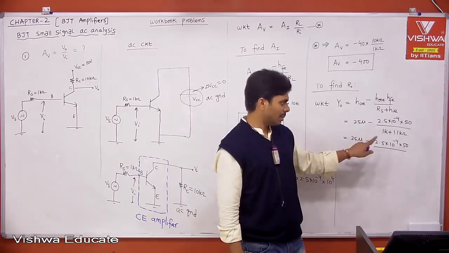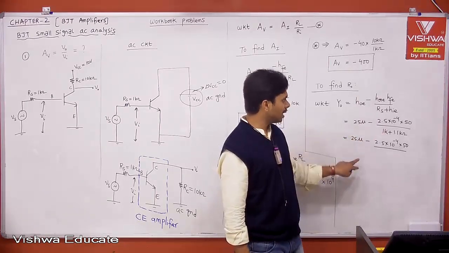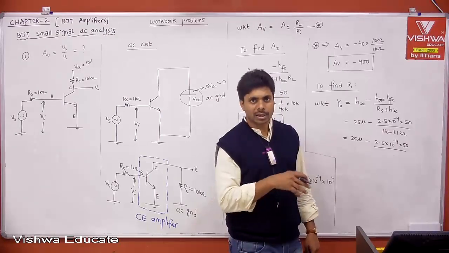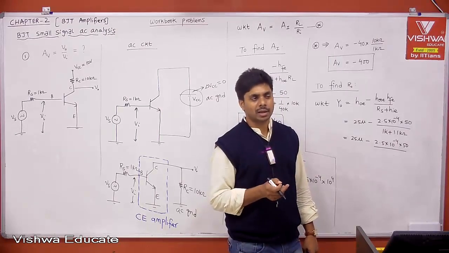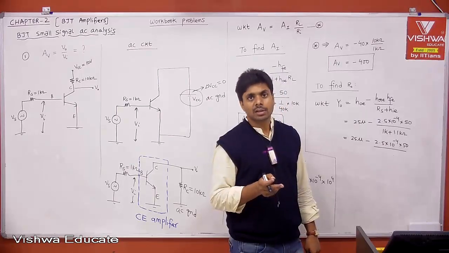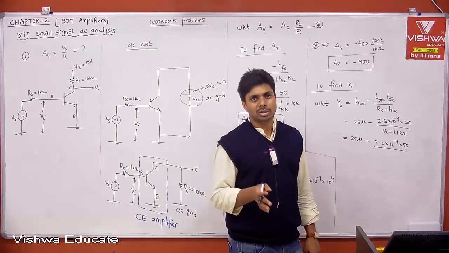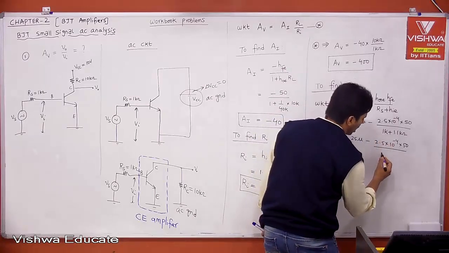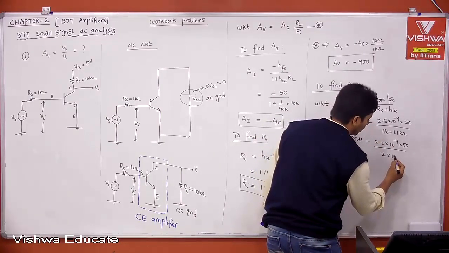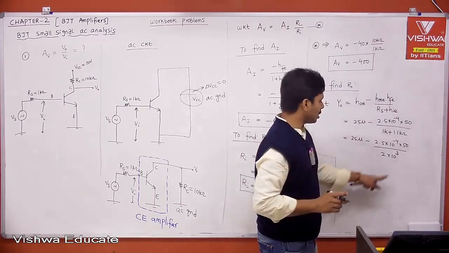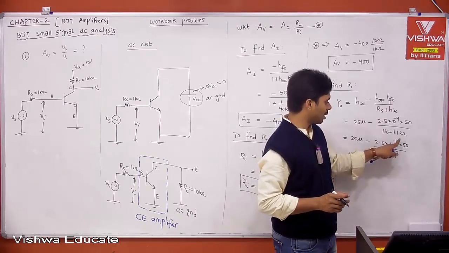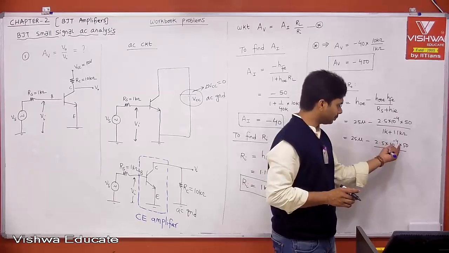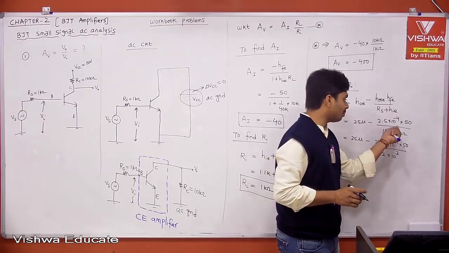If you don't want to use approximation, then use exact values, calculate, and tell me what you get. But before that, try to solve in this way. Let me solve with the small approximation, then verify whether it matches your exact analysis. Let me say 2k, which means 2 into 10 to the power of 3. The 10 to the power of 3 going to the numerator gives 10 to the power of minus 7, which is 0.1 micro.